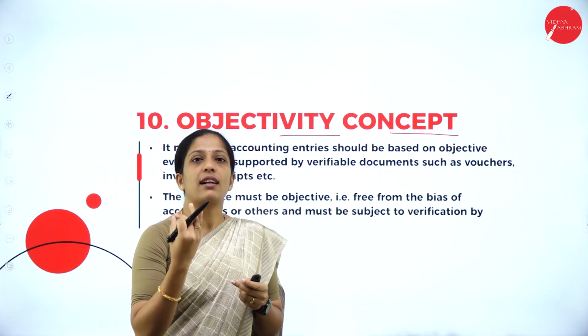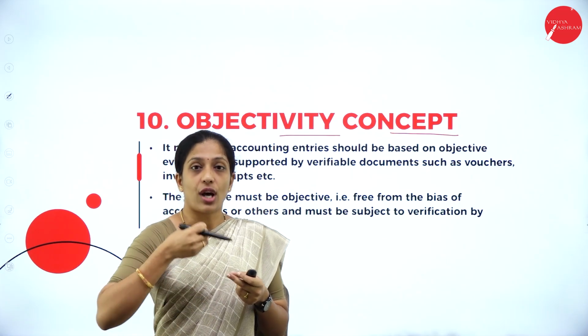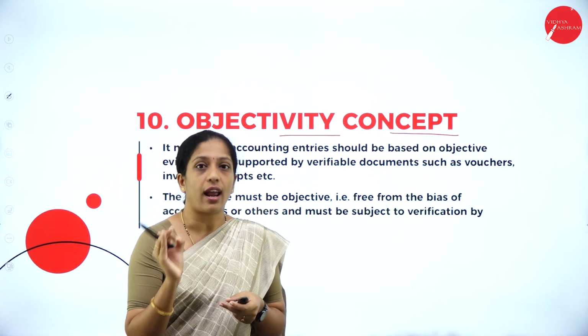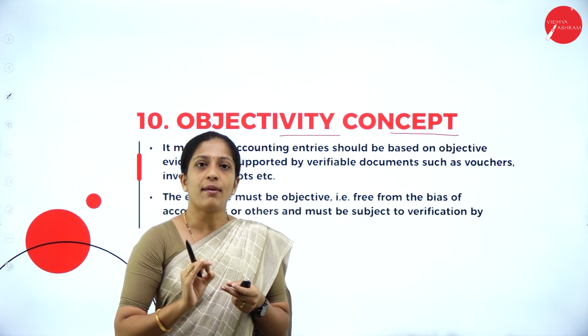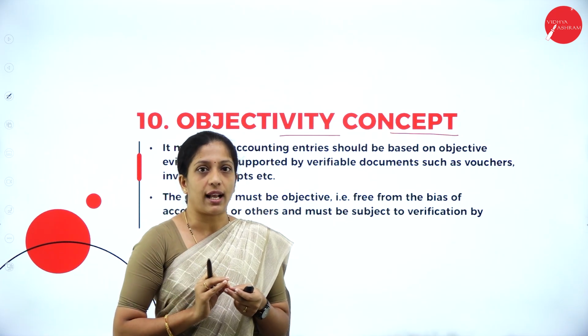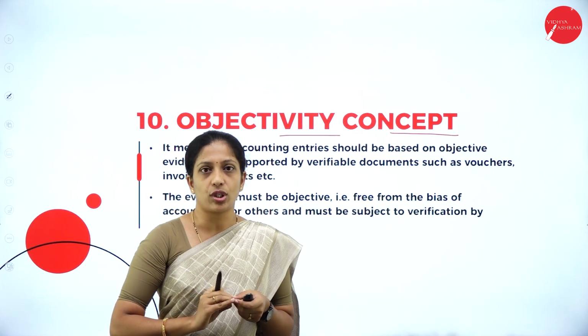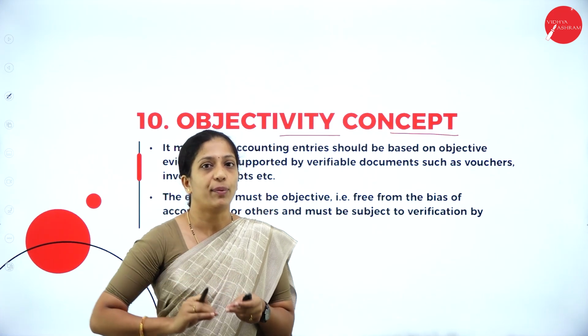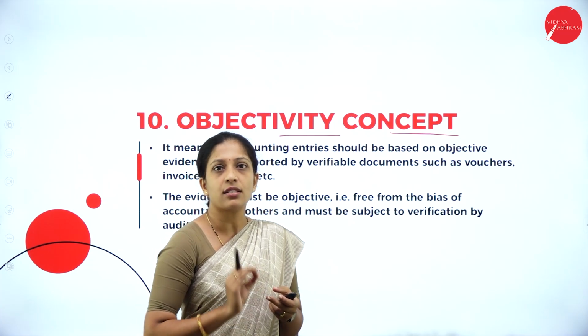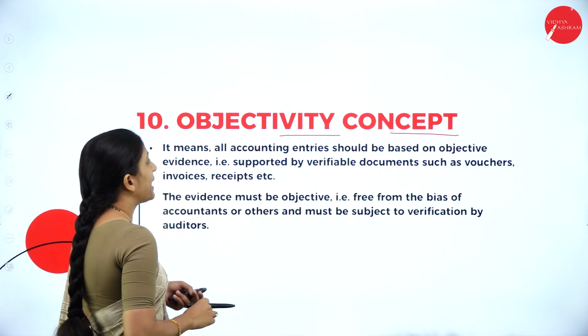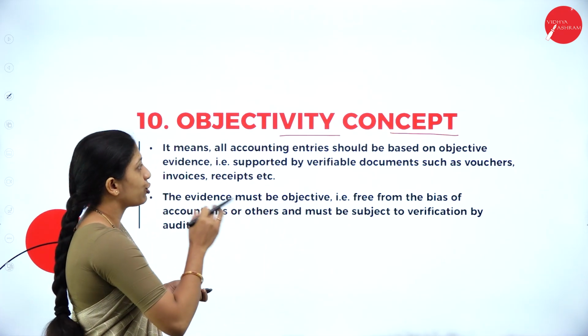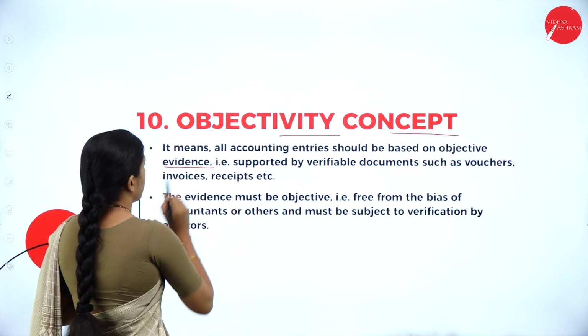Because I am working under some other organization, so I am responsible for each and every rupee here, and I have to be accountable to the organization. So whenever I record each and every transaction in the books of account, I should have a proper documentary evidence called as vouchers. It means that all accounting entries should be based on objective evidence.